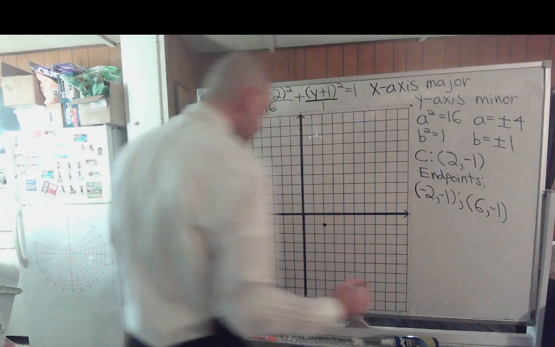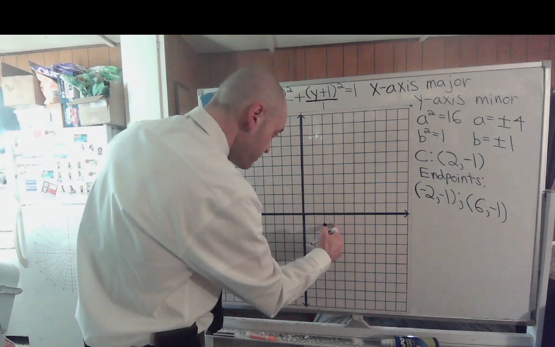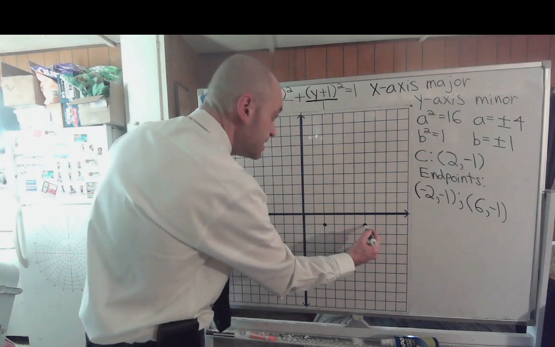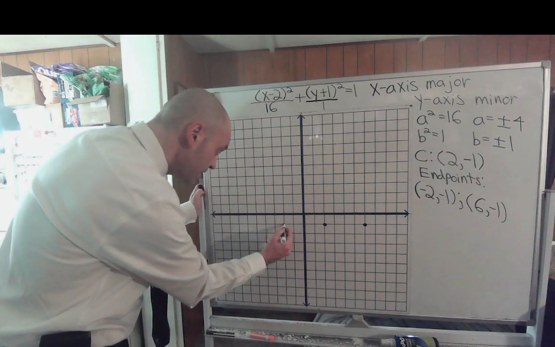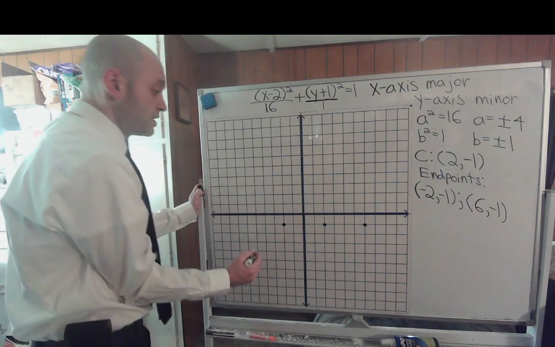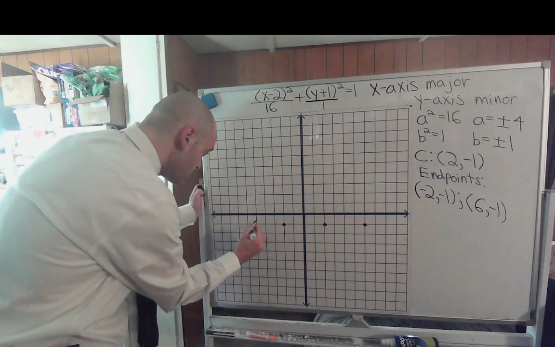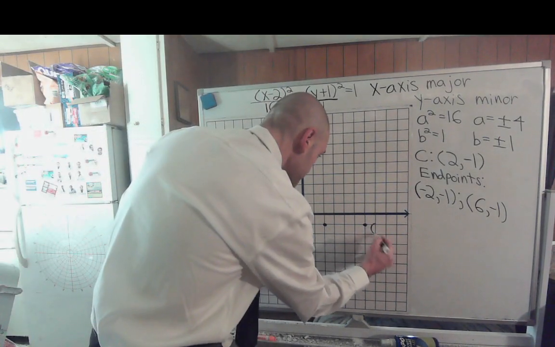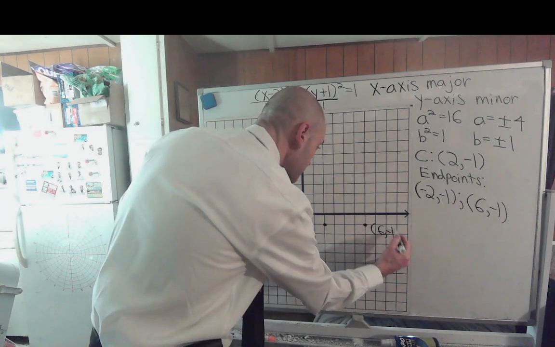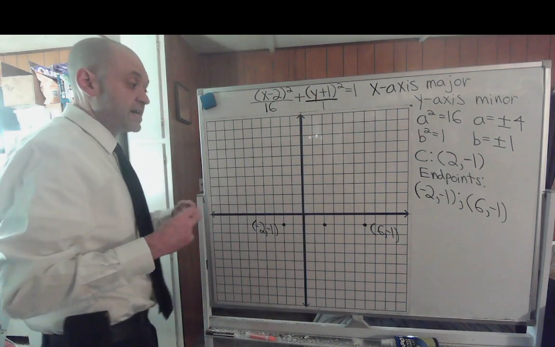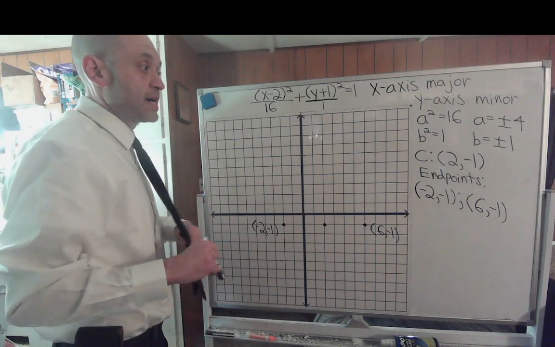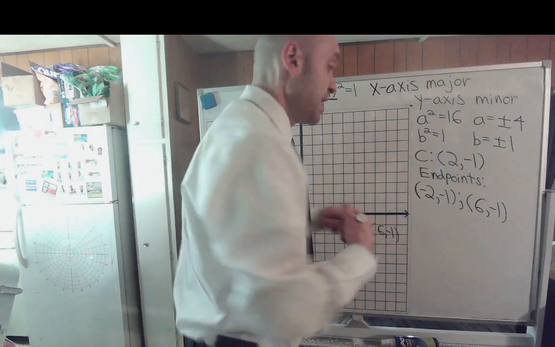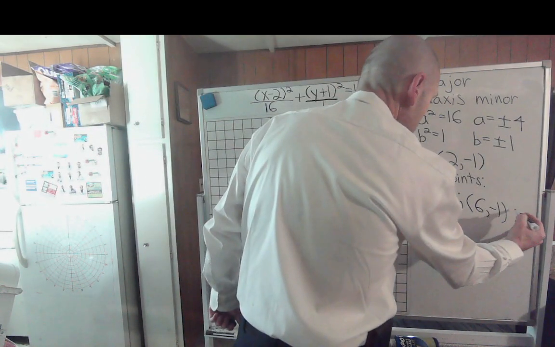So 3, 4, 5, 6. Here is going to be 6, negative 1. Here is negative 2, negative 1. So negative 2, negative 1, positive 6, negative 1. And then let's find the endpoints for the minor axis. Now, you're going to leave your x-coordinate alone this time.